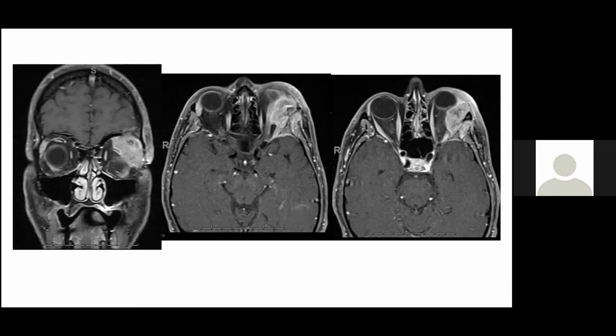Yeah, I mean, there's a contrast enhancing lesion in the orbit. It seems kind of diffuse. I mean, it doesn't look very discrete. You see there's enhancement outside the orbit also, almost in the temporalis muscle, and then also some line of enhancement in the left middle fossa.